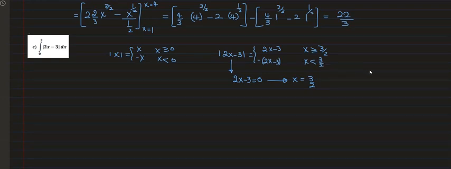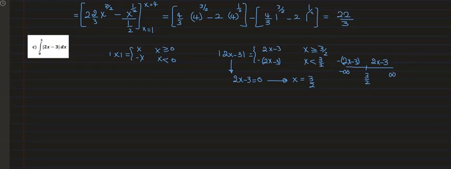Okay, now let's see that this function varies around the 3 over 2, from negative infinity to 3 over 2. This means when x is less than 3 over 2, the function appears with the negative sign. So the output of the absolute is negative the function. And from 3 over 2 to infinity, the function outputs 2x minus 3.